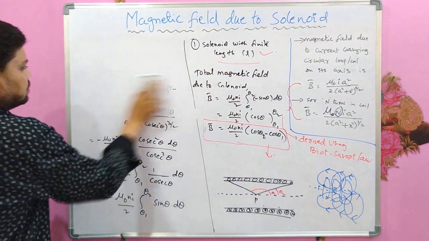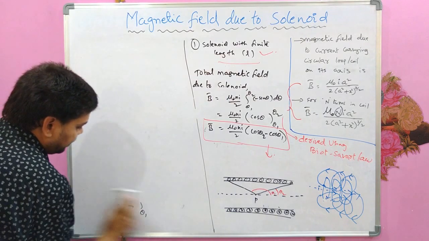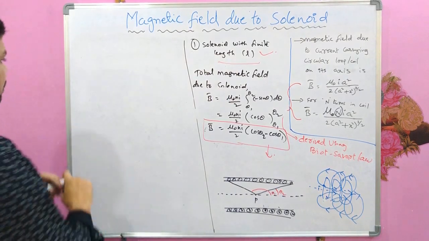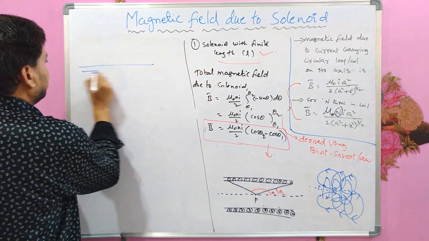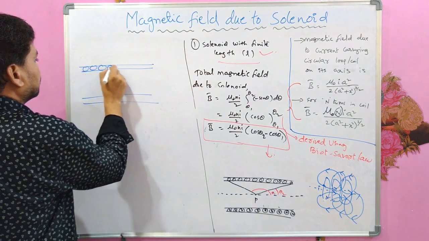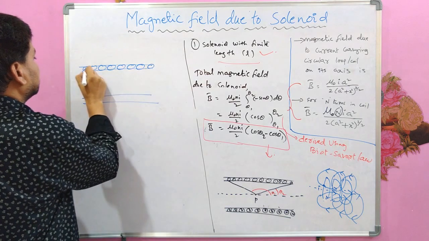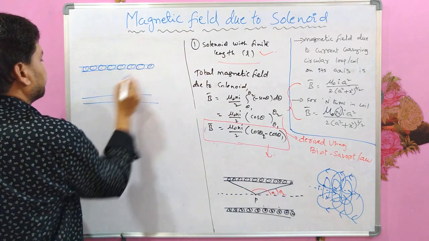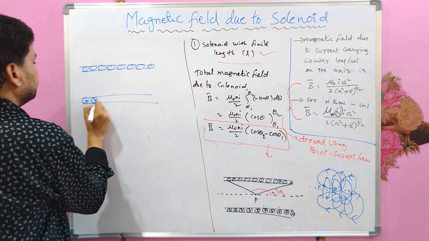Let me show you one small picture showing the magnetic field lines. For example, this is the solenoid and the current direction is outwards from the top and inwards from the bottom.